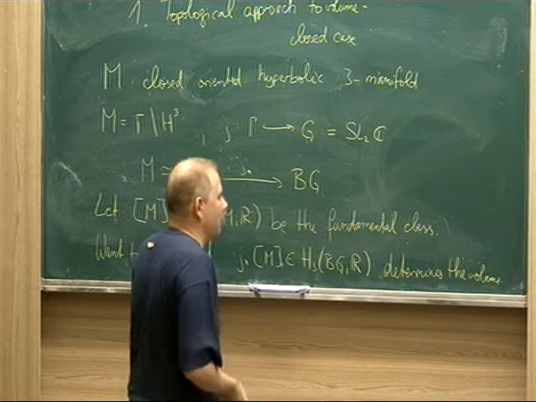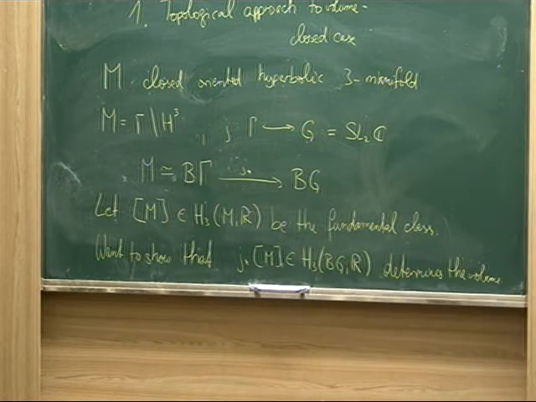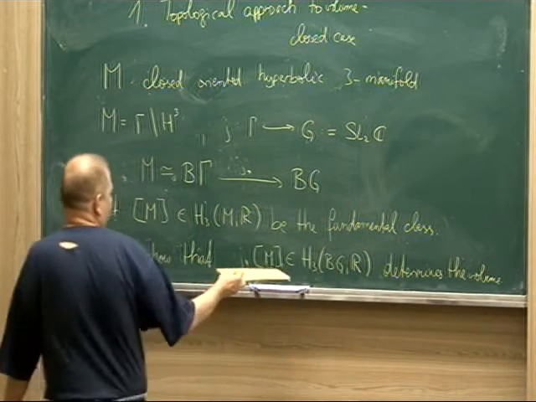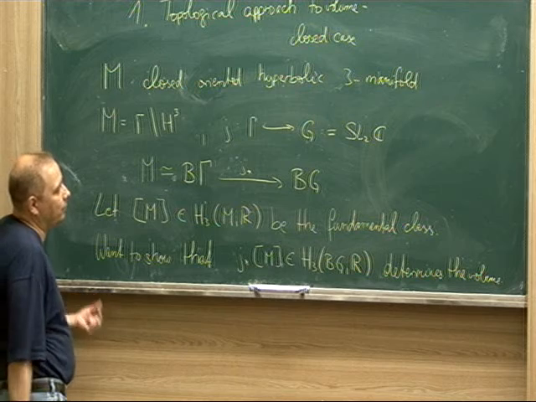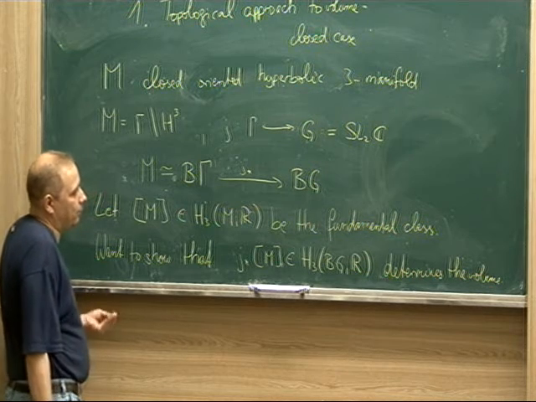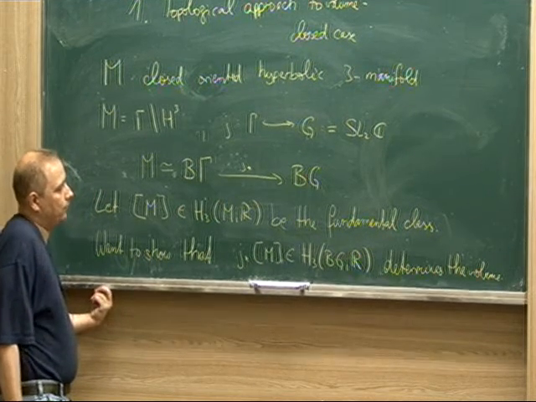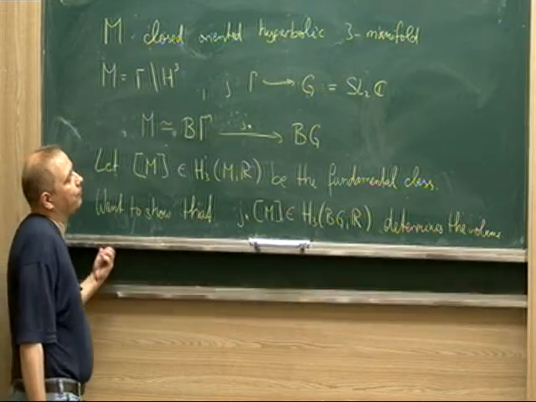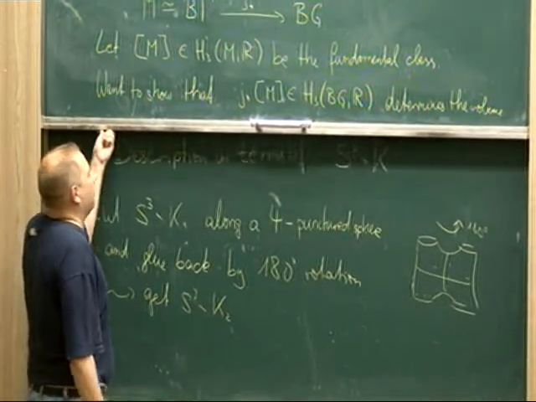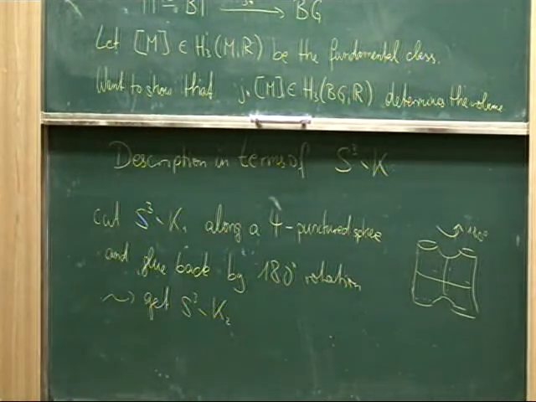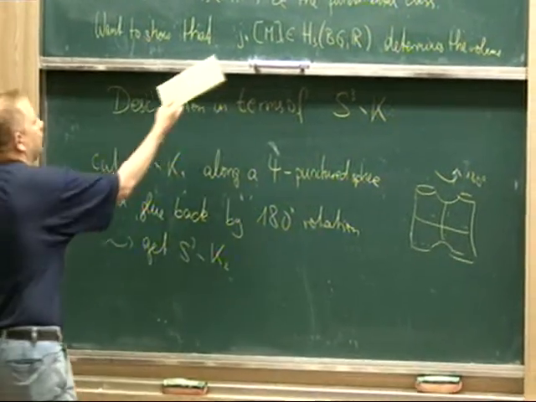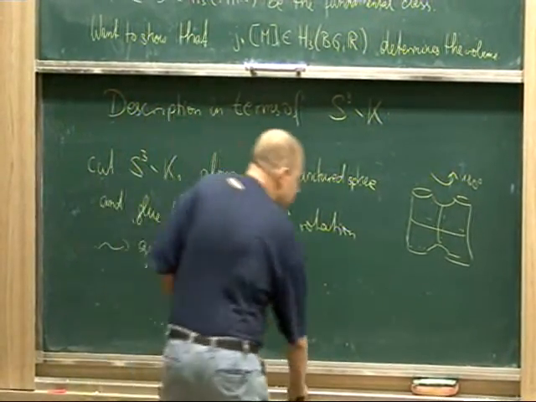If we have this, then to prove Rohlin's theorem we just have to prove that the corresponding homology classes for the two manifolds are the same, which can be proven by a short topological argument. But let's first show why this homology class determines the volume.